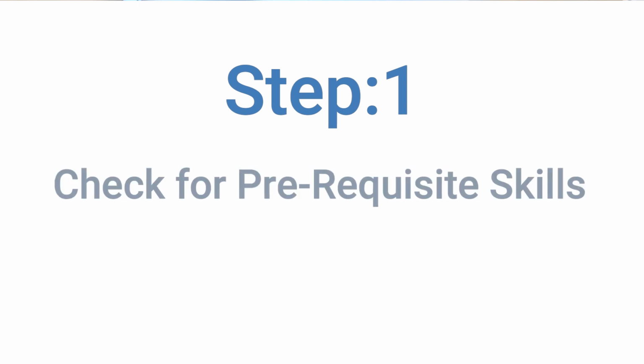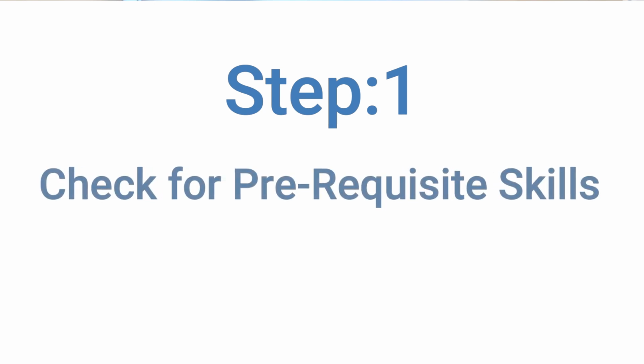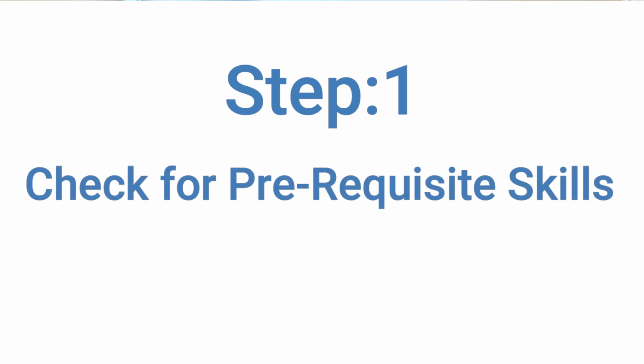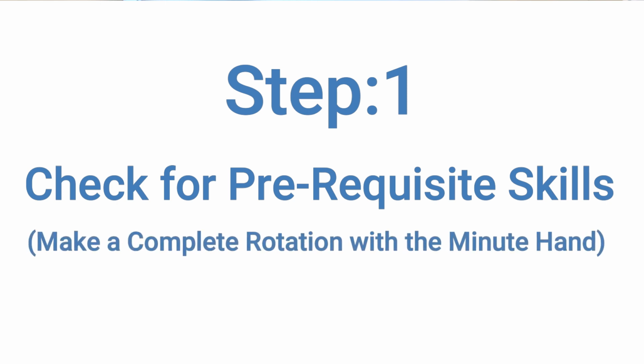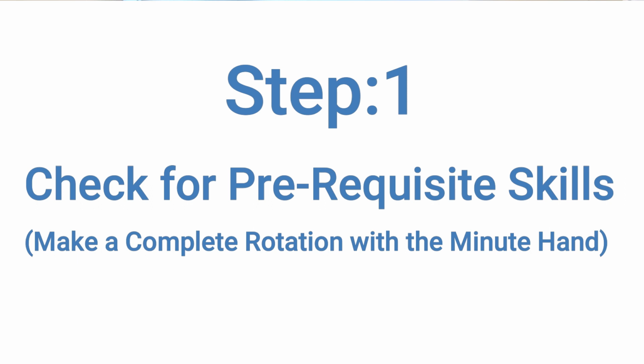Now, next, we want to check for the prerequisite skills, of course. So we want to ask the students to make a complete revolution or rotation with the minutes hand, just to ensure that they understand what a complete rotation is all about.